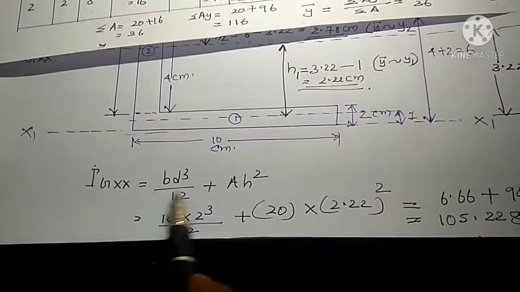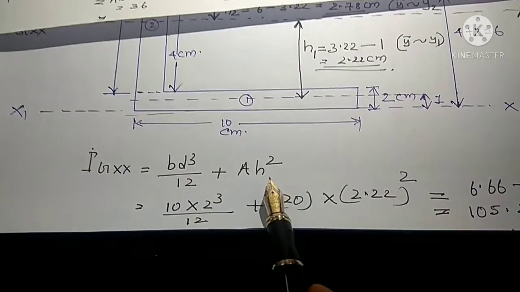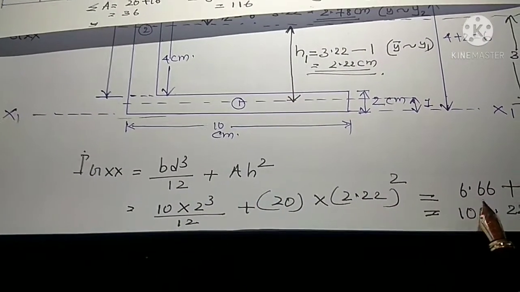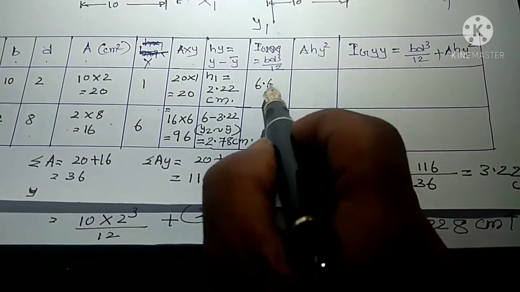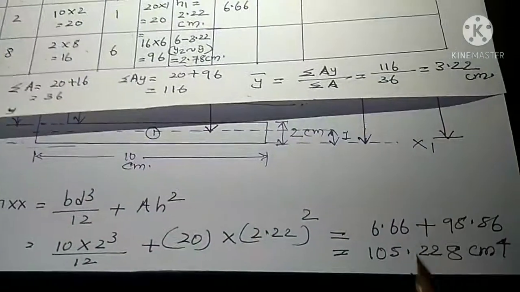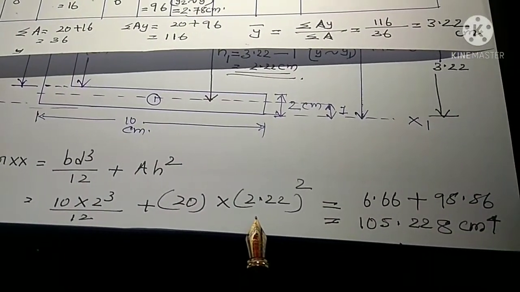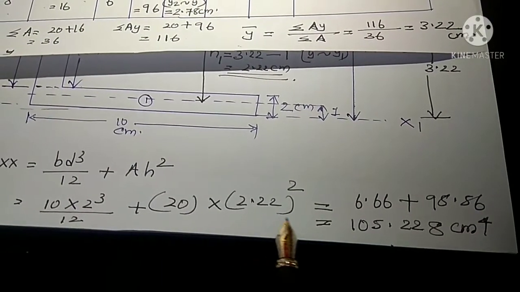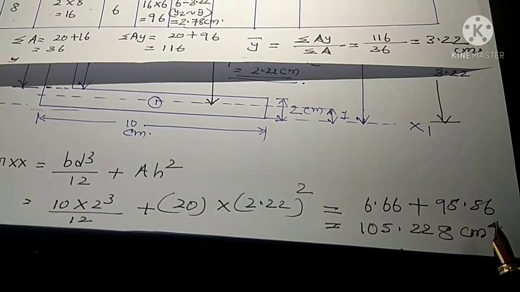In the case of the first component, we already studied bd cubed by 12 plus A h squared, and the bd cubed by 12 portion is 6.66, so I am writing 6.66 here. Regarding A h squared, which is 20 into 2.22 squared, that is equal to 98.86.